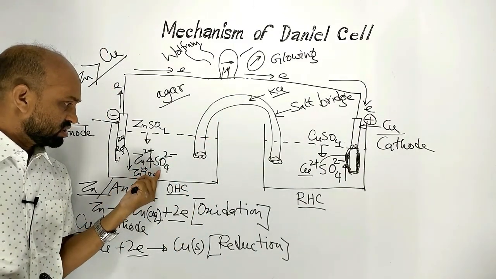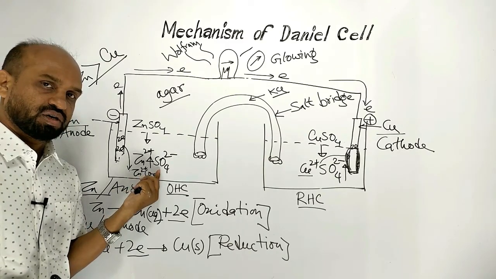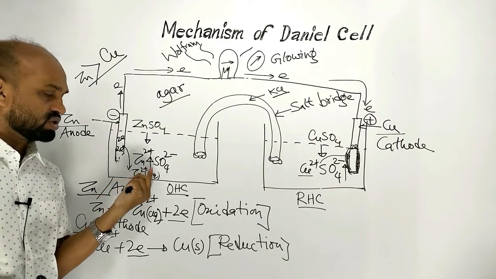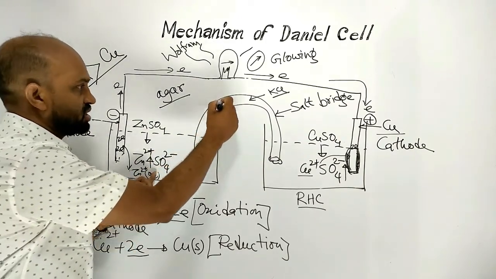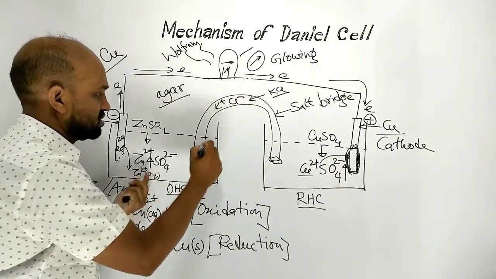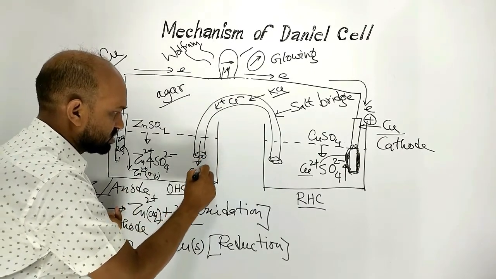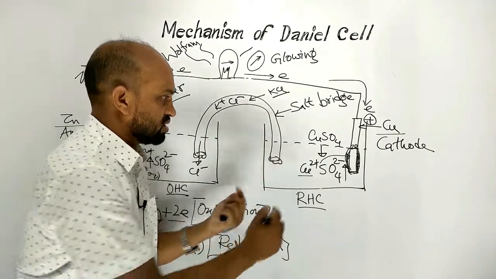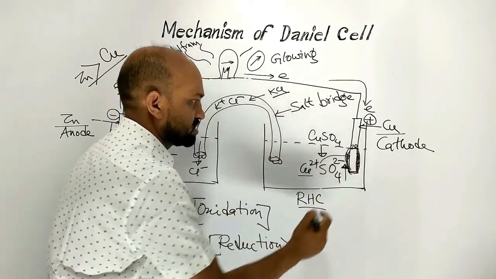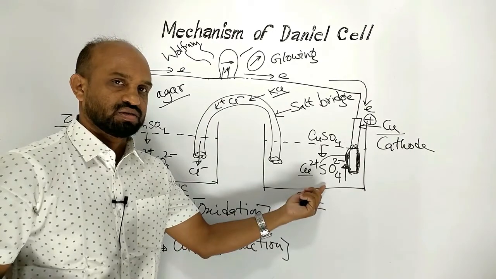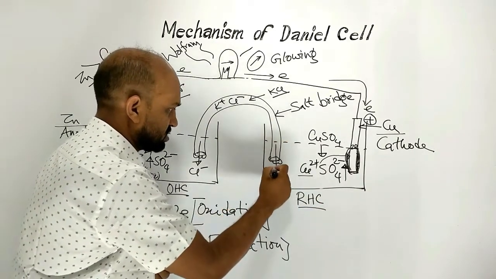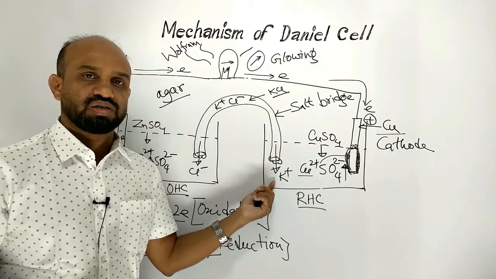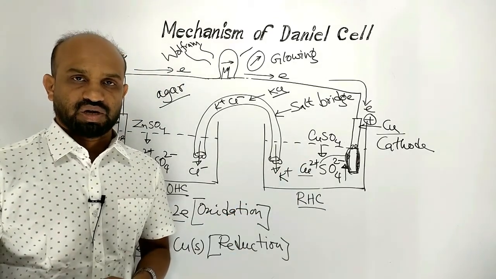When this solution becomes electrically imbalanced because of the higher concentration of positive charge, it supplies negative charge in the solution, and when in this half cell the concentration of negative ions increases, then it supplies positively charged ions to neutralize this electrical imbalance.